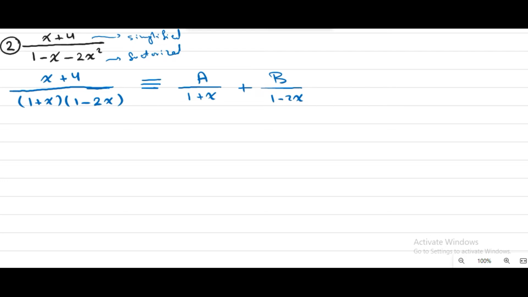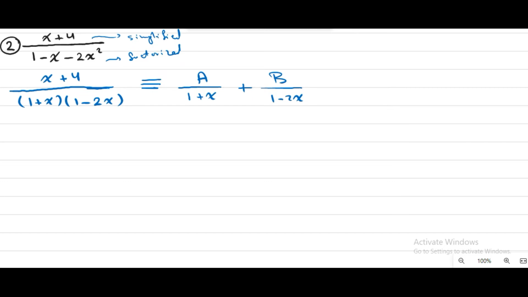Then we use the cover-up method to find the values of the letters. We can find the value of a letter by the cover-up method only if the denominator is linear. If it's repeated or quadratic, we can't use the cover-up method. So for letter A, what is the type of its factor?